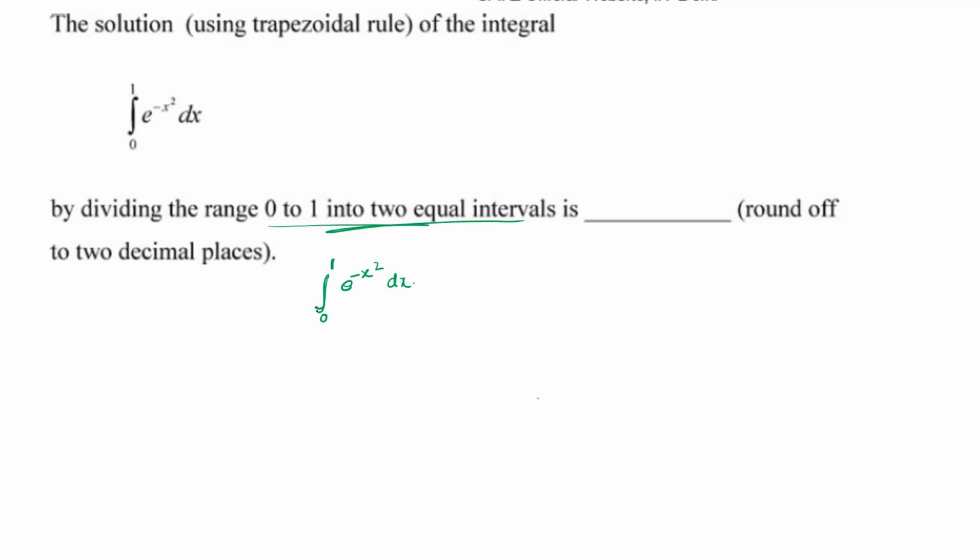So how do you find the interval? Interval is the final value minus the initial value, 1 minus 0, divided by 2, so it will be 0.5, right? So we can write x as 0, then 0.5, then 1, and here it will be f(x).